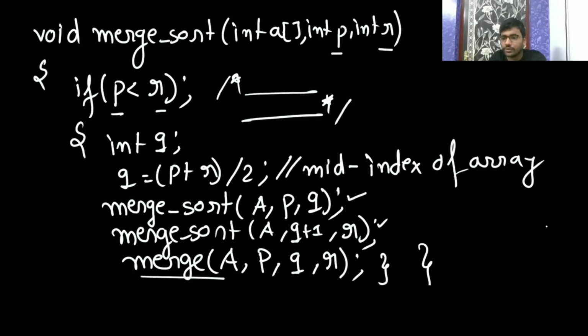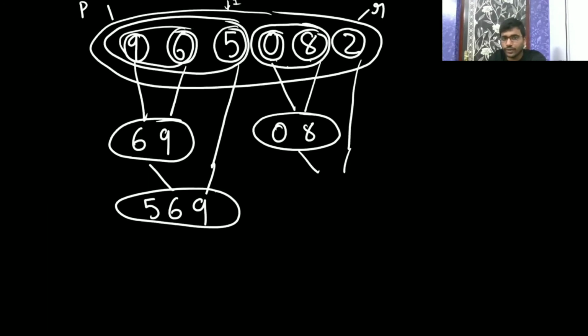Now you are going to merge on 4 5 6. So 4 is your starting p, 5 is your mid, and 6. See, this is your 4 5 and 6. So you are going to get 0 2 8.